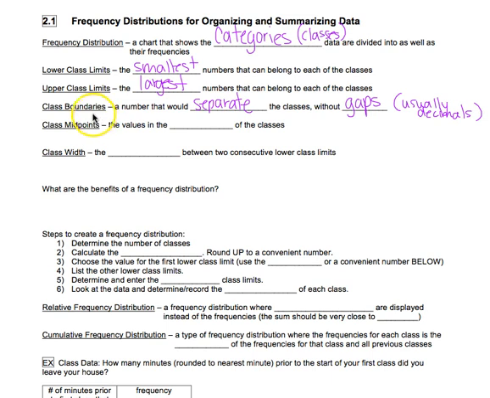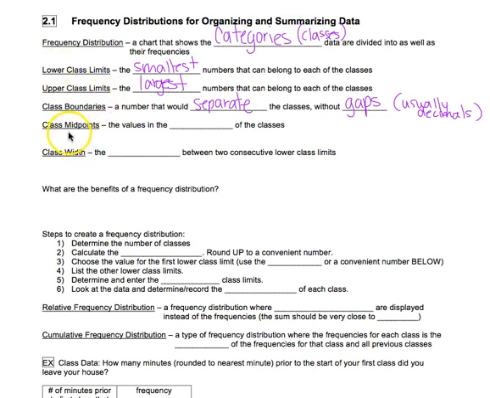So if your upper limit is 2.5, and the next class starts at 2.6, then you might choose 2.55. So usually they're decimals and they're 1 decimal place past typically whatever the decimal is on the class limits.